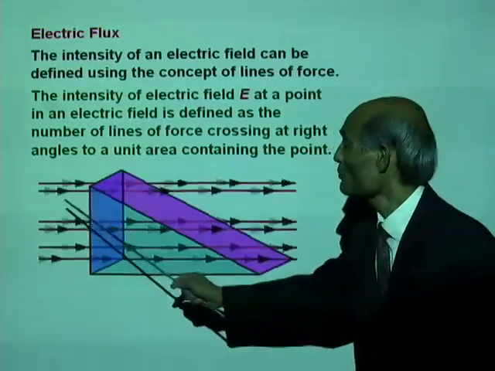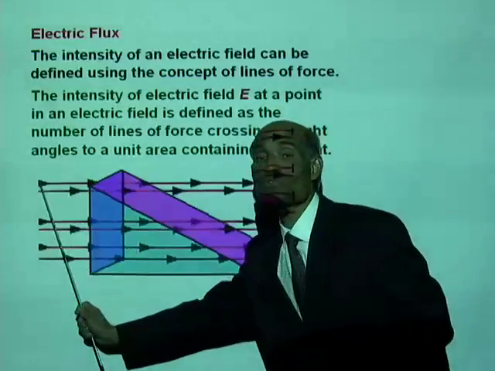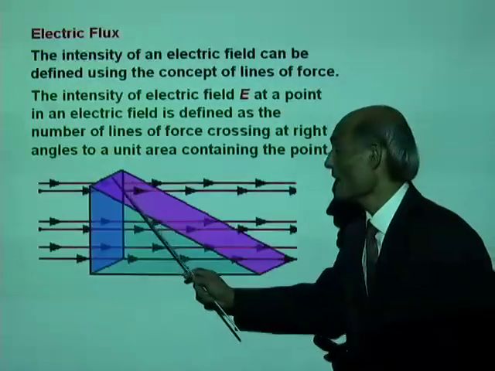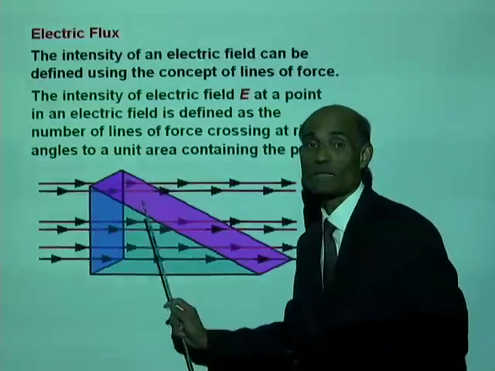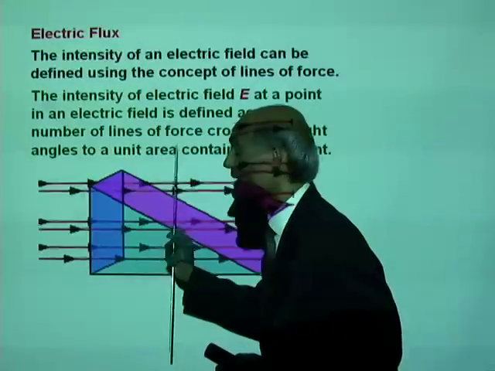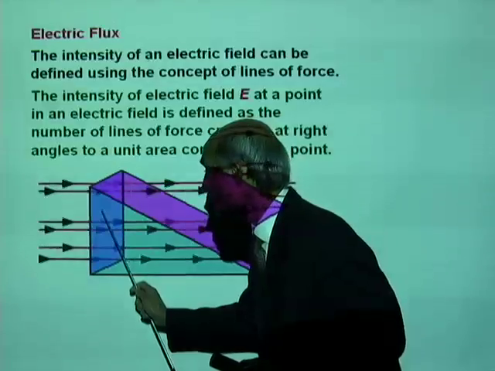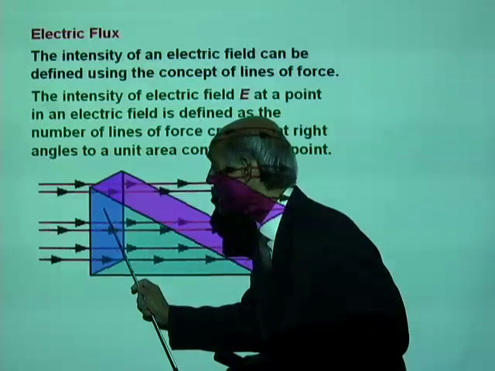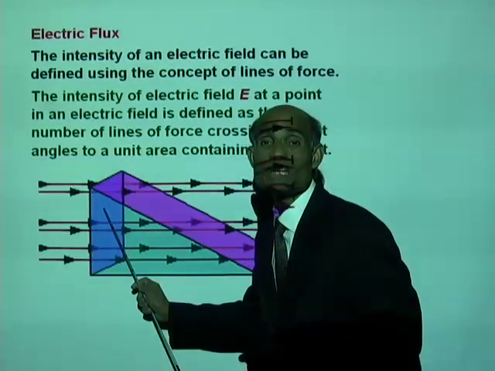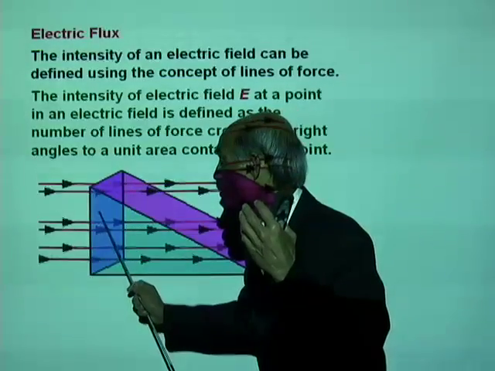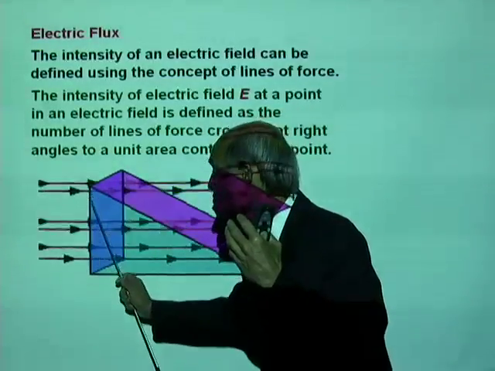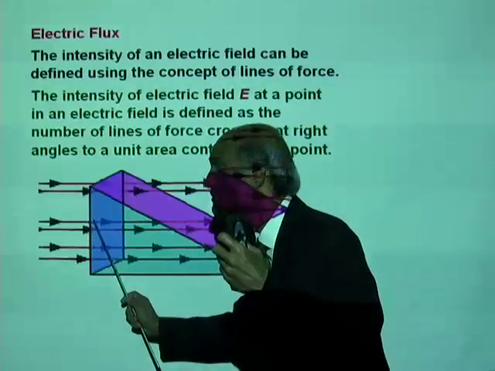Now here you can see lines of force moving from left to right and crossing this area. Right? Now what is the definition of electric field I gave you? If I want to define the electric field here, all I need to do is measure the number of lines of force crossing at right angles to a unit area placed there.